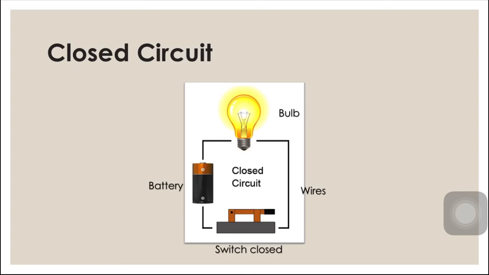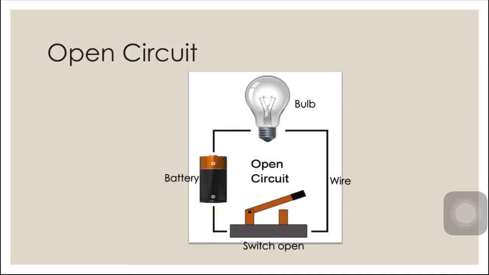When the switch is on and there's no space in the circuit, the light bulb is lit. It is called a closed circuit. But when we move the switch off, we open a space. The electricity can't jump over the space, so it can't reach the light bulb and the bulb remains off. That is called the open circuit.